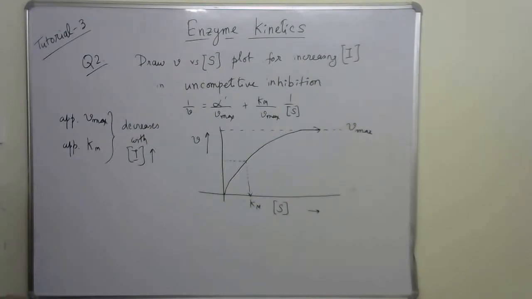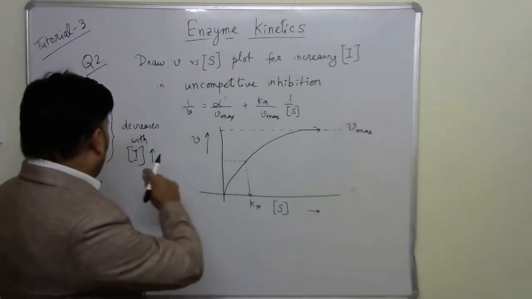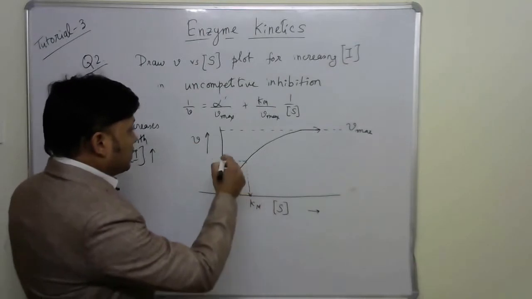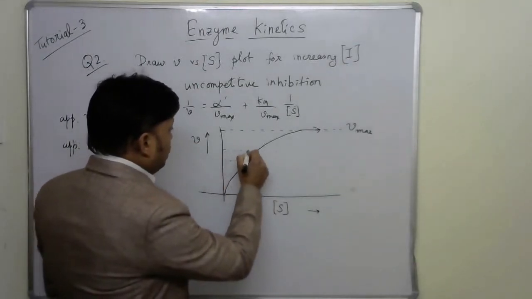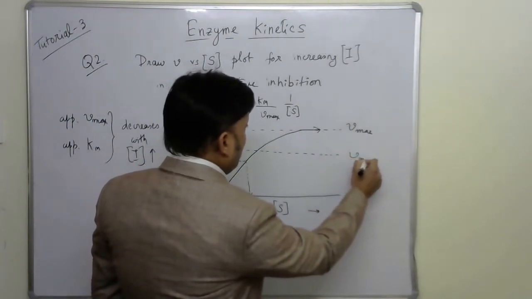So I'm now going to draw the same graph with increasing I. When I increases, apparent Vmax decreases. So let's try to draw a line here for Vmax prime.